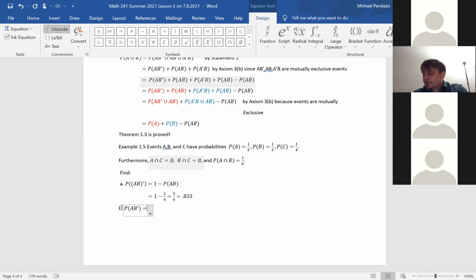I have a question. Can you explain how you get the value for part A? Can you repeat the step? Sure. The question is, what is the probability of AB prime? That's the complement of AB.